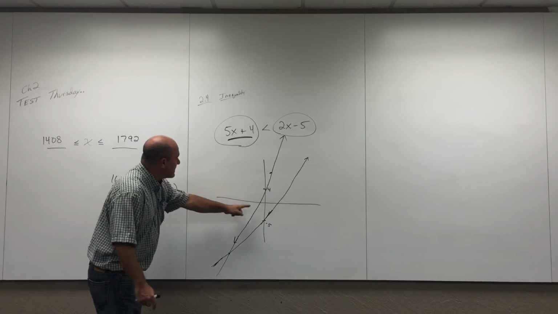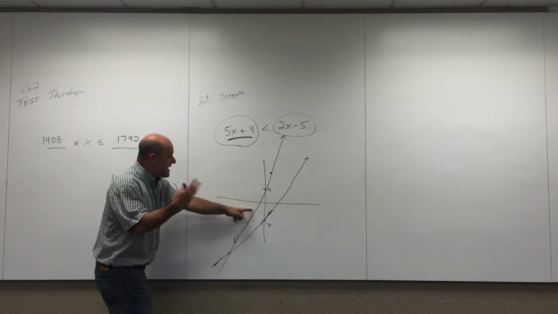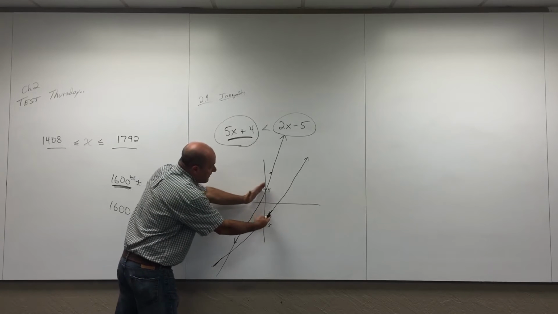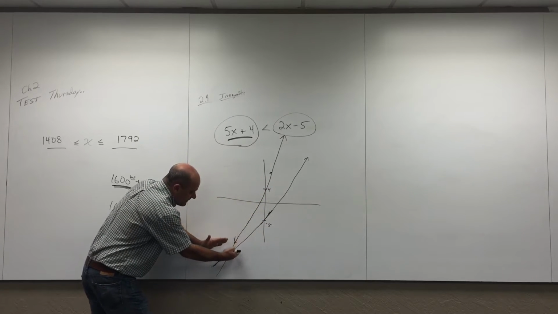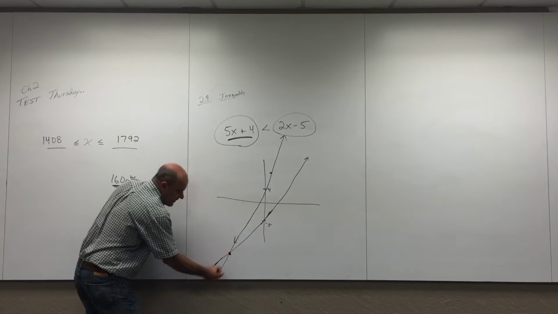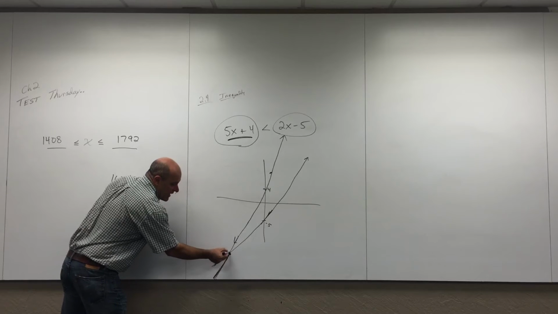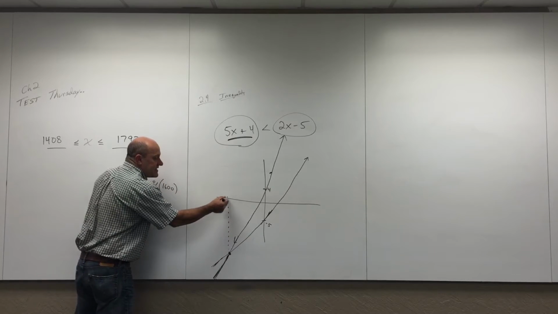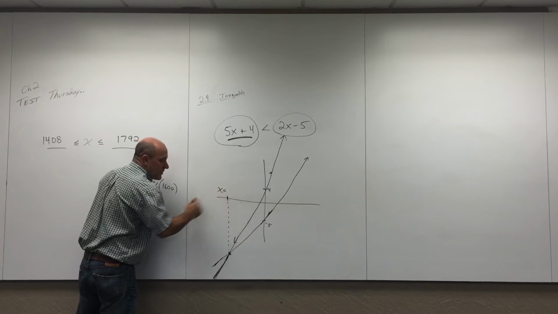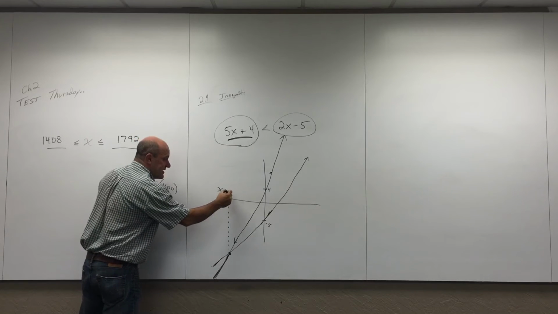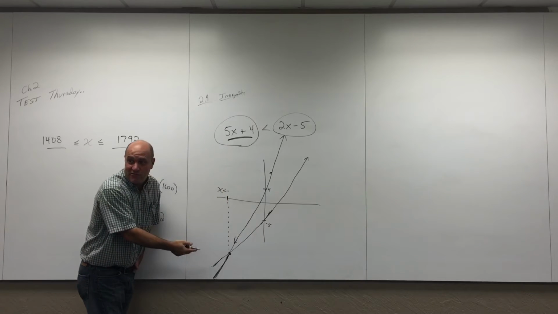This line is the one with the big slope, 5x plus 4. Right now, I think it's higher than the other line. When is it below the other line? Over here. I think this line is below the other line when x is less than this number. Whatever this number is, negative something. I can't tell what it is with my crappy graph.